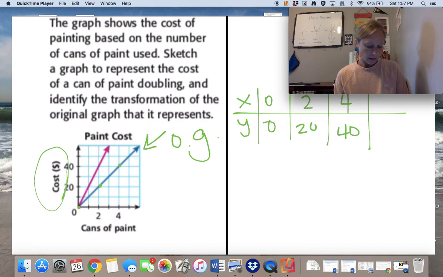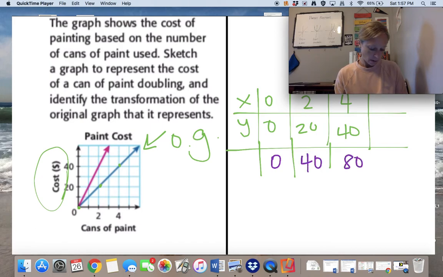And it says that the cost, the y value, is doubling. So I simply take these y values and I double them. 0 times 2 is 0, 40, 80. And if I go ahead and plot those points, I ran out of room for the 80, but 2 points on a linear function is enough for me to sketch it.